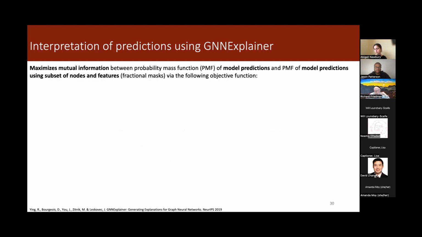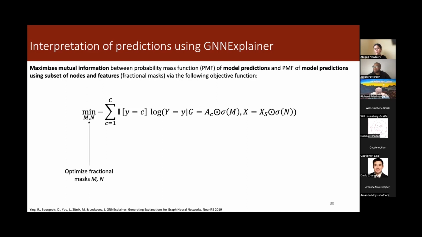And the way that works is by maximizing the mutual information between the model predictions in its original form and the prediction of the model once certain parts of the graph are masked out. So the way that happens is by minimizing this objective function. What we are doing here is we are optimizing these fractional masks M and N. M is for the nodes, N is for the features.